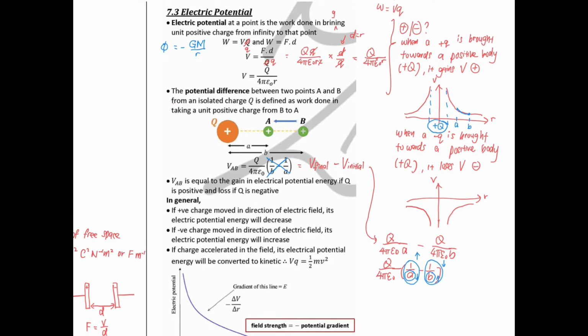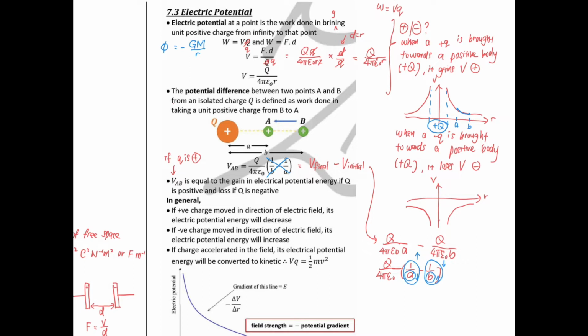VAB. So again, if you want to look at this statement, we must have a condition. The small q must be positive, and then we can take this statement. Let's look at the point again.